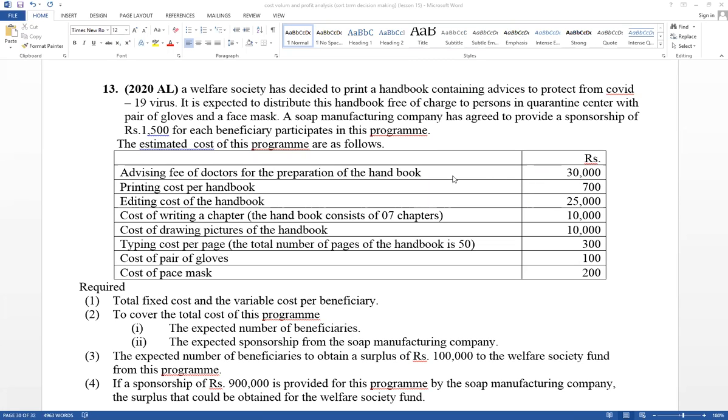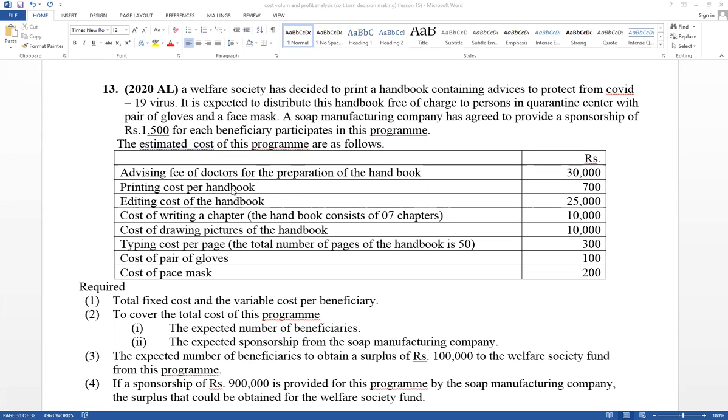But think about this one. Advising fee of doctor for the preparation of handbooks does not vary with the number of participants. Therefore, this is a fixed cost. And printing cost per handbook varies with the number of participants.